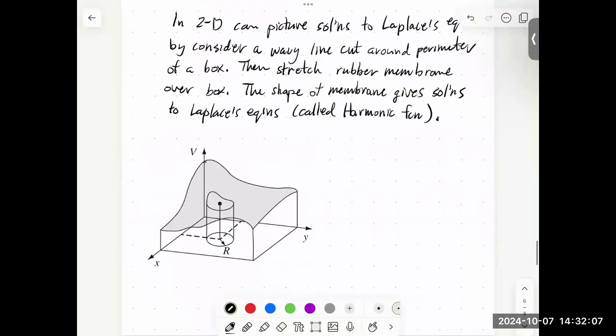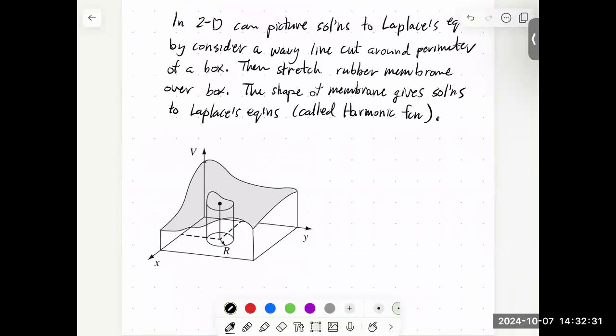Now, it may not be completely obvious because we have here some point that on this part of the circle is quite high, and then over here it's quite low. So how is it that this point in the middle, which is closer to the low side, averages to the value around the circle? What is the argument for that?